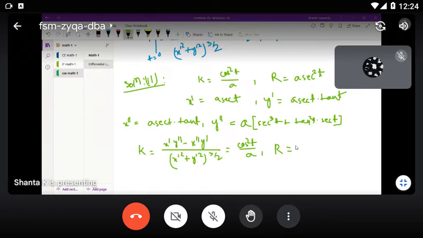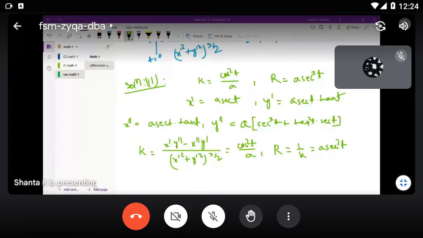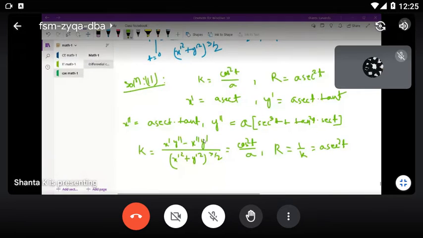And the radius of curvature is 1 by curvature, so it is a sec square t. Okay. So you also do for one polar form. Polar form 1 we have done. Okay, one question.